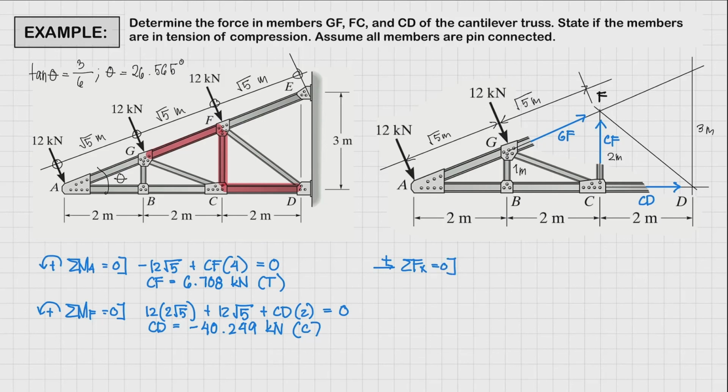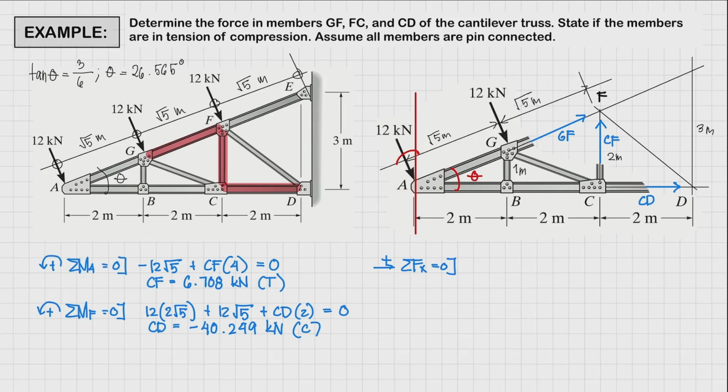Now, alright, so let's establish the angle of our applied loads. So we know that this is angle theta. And what we need to find is this angle right here. Alright, so first let's establish our angle. So we have here angle theta, and this angle is 90 degrees.